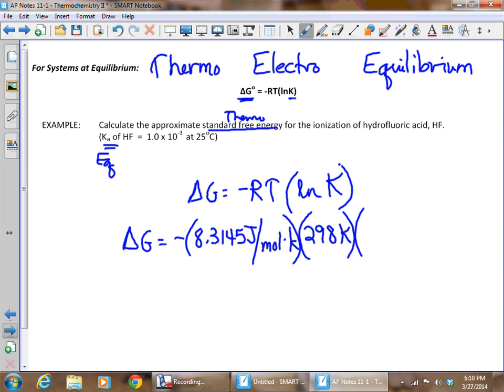And our natural log of 1 times 10 to the minus third. When we work this out, we come up with a value of 17,115.